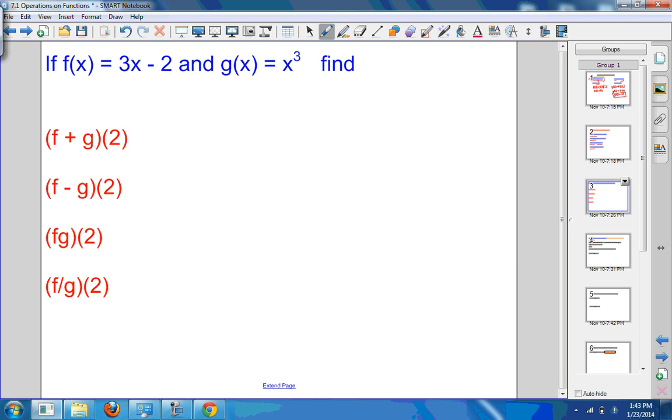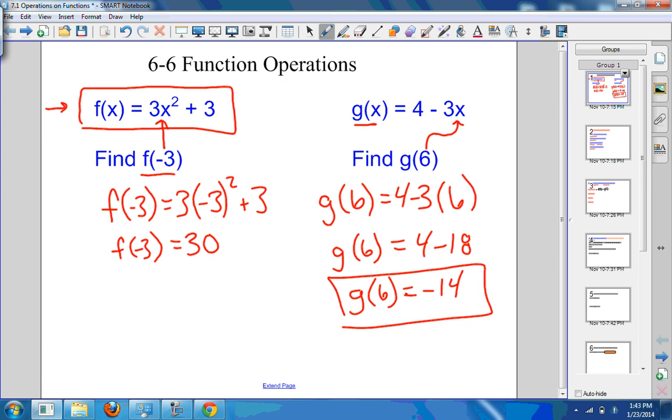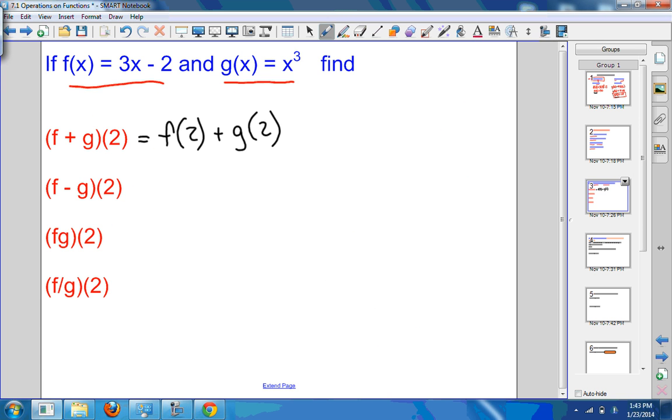So the problems will look something like this. We have our f of x here, and we have our g of x here. So if we want to find f plus g of 2, I can rewrite that as f of 2 plus g of 2. And I can solve that, just like we did in these problems. We found f of negative 3 and g of 6. So we can solve f of 2 and g of 2.